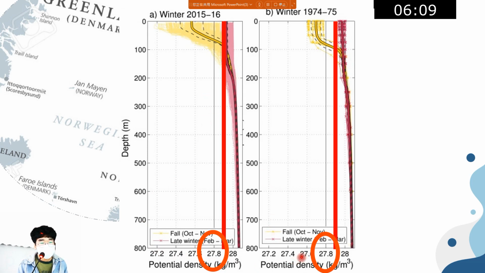We can see from here, this is the 27.9 line, and here is the 27.8 line. Over this range, the water would flow with the jets.